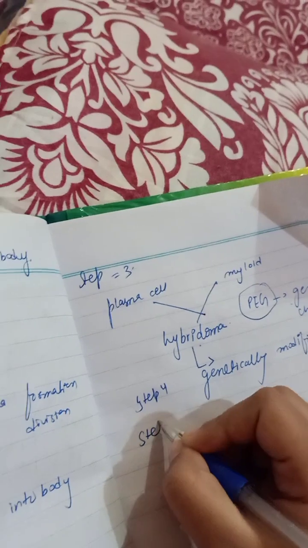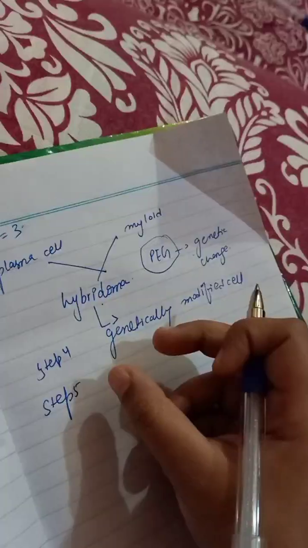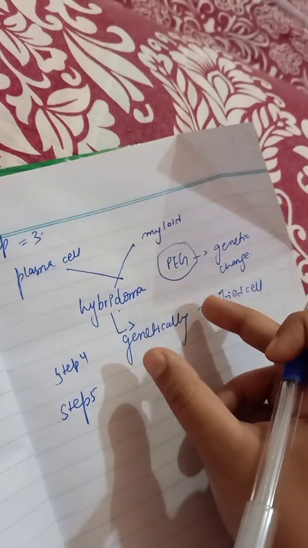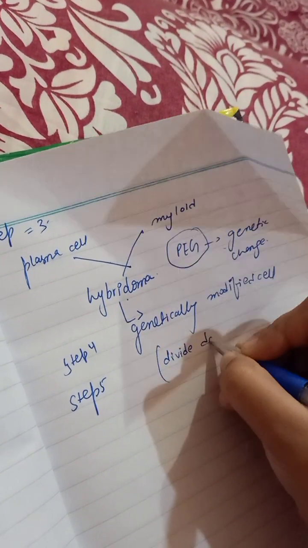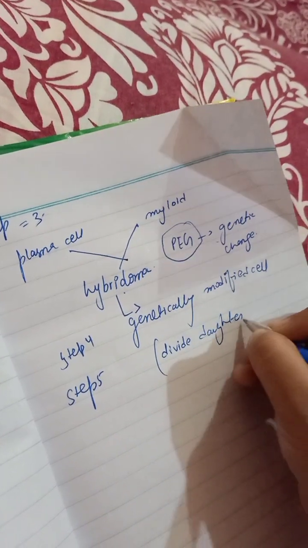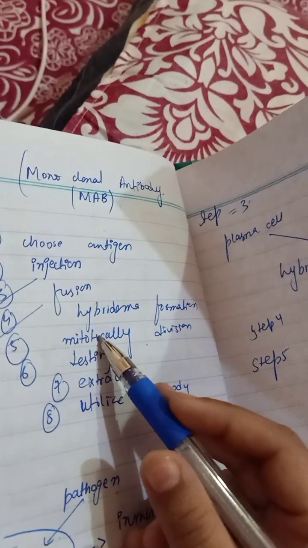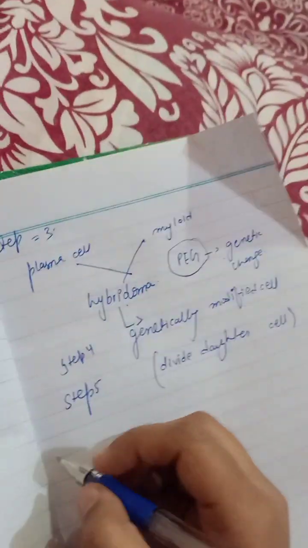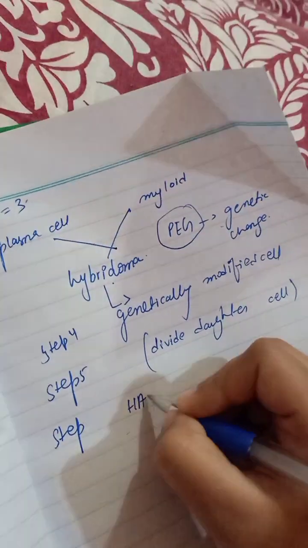So our fifth step is mitotic division. They have the ability to divide, so they will divide into daughter cells. After the mitotic division, we will do the testing. We have a testing medium, which is HAT. What is HAT?